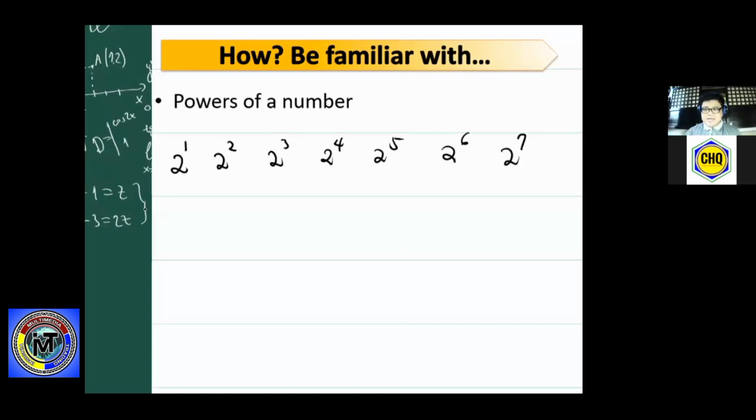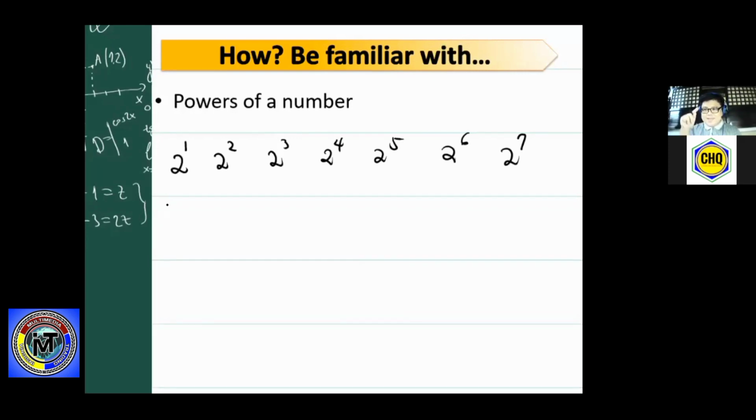All of that, you will become familiar with powers of a number, especially those who caught the game on Android before, the 2048. 2048 is a game based on the powers of 2.